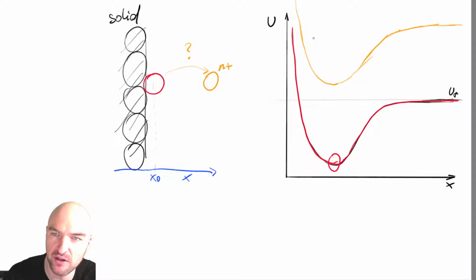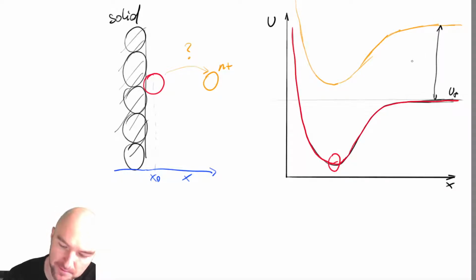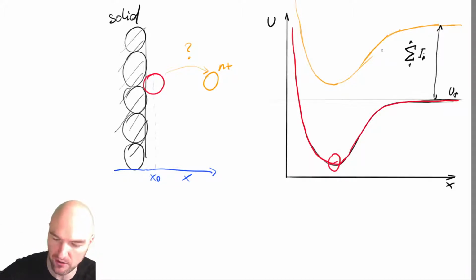But you're going to have to add, if I draw that here, the sum of all ionization energies that I need, so first ionization energy, second, third, and so on and so forth.